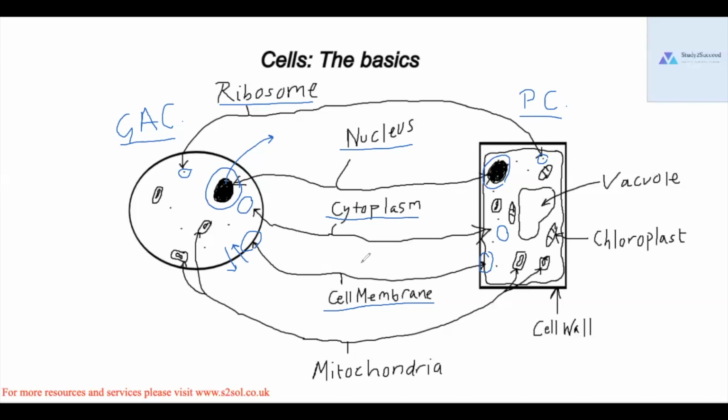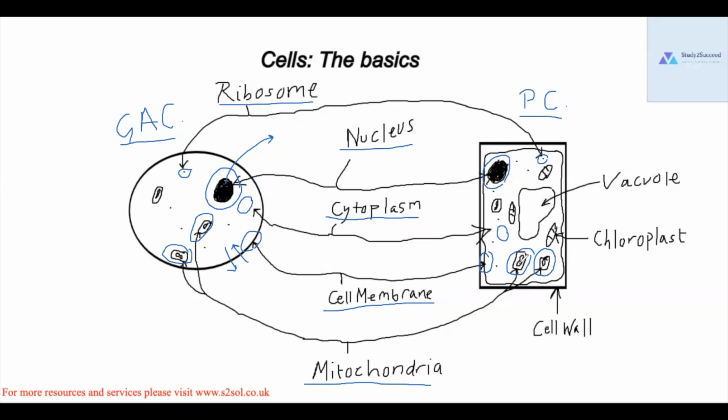And now the last structure that we have that is shared between the generic animal cell and the plant cell is called the mitochondria. And the mitochondria are these structures that we find within the cells here. Mitochondria is plural. If you're referring to one of these structures, it is referred to as a mitochondrion.